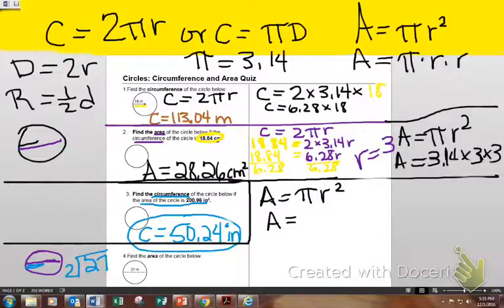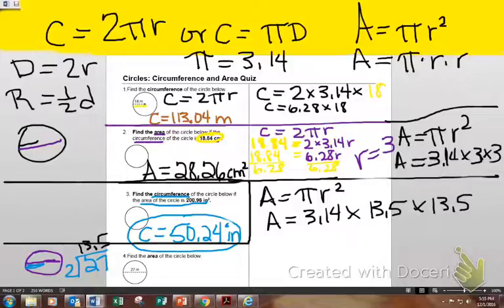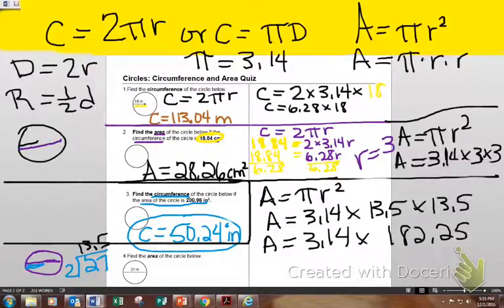I put that value into the area formula. Area is equal to pi, which is 3.14, times the radius, 13.5, times the radius, 13.5, or the radius squared. The radius squared is 182.25 times 3.14. Be cautious.